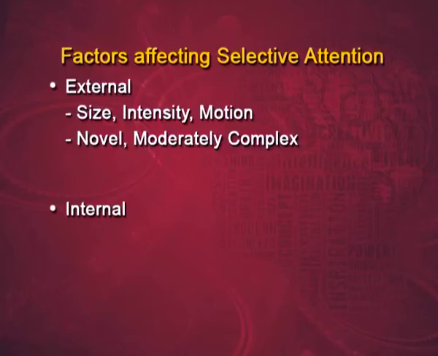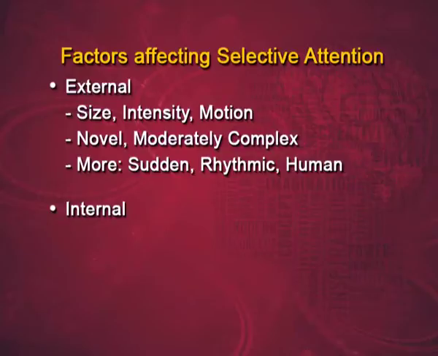Things which are new or moderately complex also attract us. Also, sudden things, rhythmic sounds, or human pictures catch our attention more than non-rhythmic sounds, pictures of animals, or things which are constantly occurring around us.